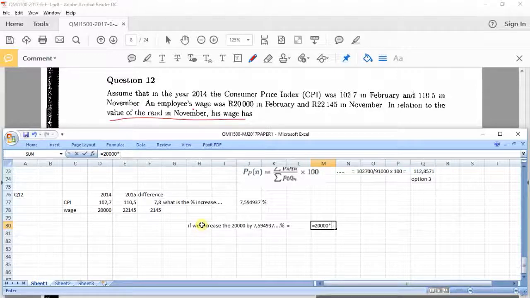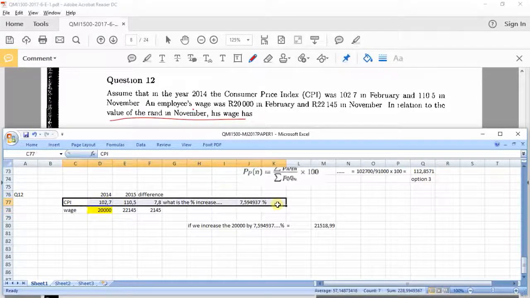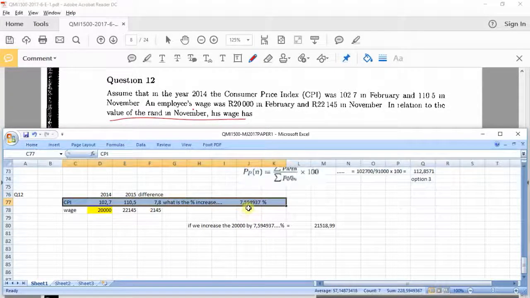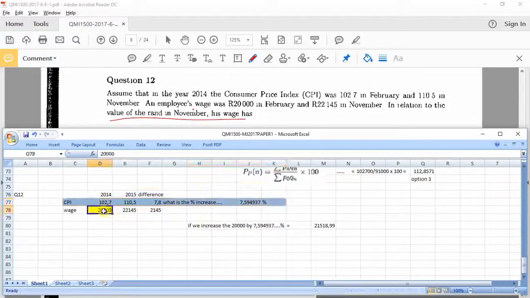Let's check. 20,000 times brackets 1 plus this divided by 100, close bracket, equals that. So 20,000 is your starting wage at that point in time. Inflation is from here to there. So inflation means that this is going to increase by how much?